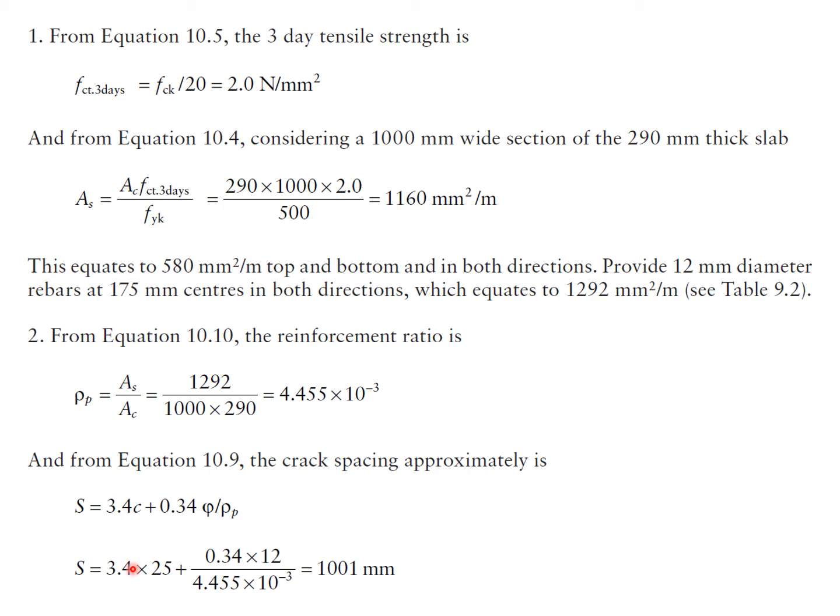And the crack spacing is 3.4 times the cover plus 3.4 times the rebar diameter. So you can see that if you use a smaller diameter rebar, that will give you a smaller crack spacing, which will also give you a smaller crack width, and then divided by that reinforcement ratio. So approximately the crack spacing is about 1001 millimeters.